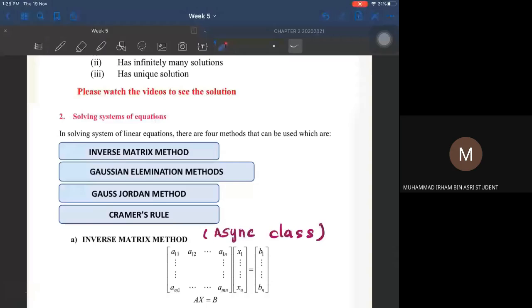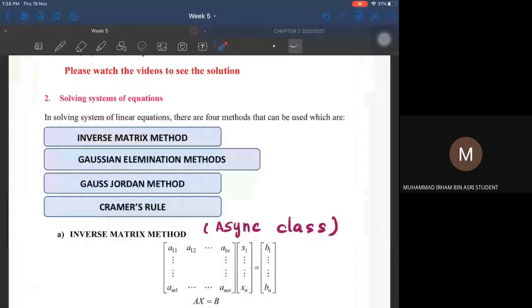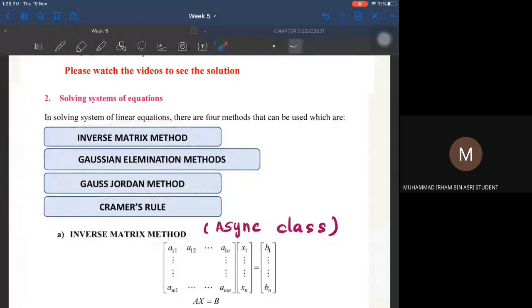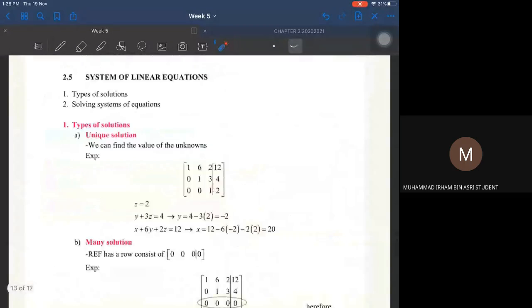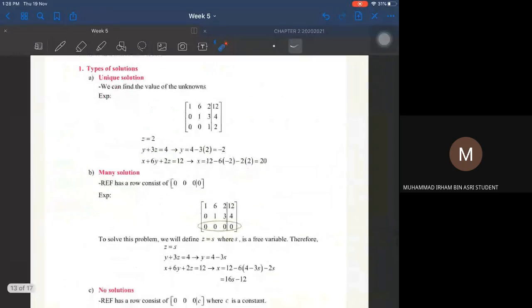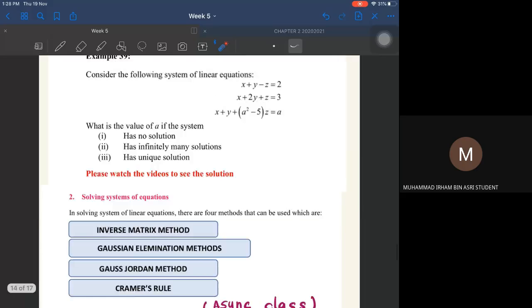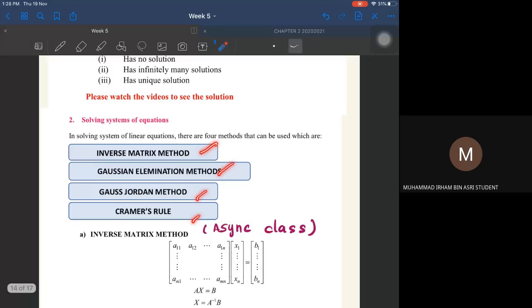Okay. Ada 4 method untuk solve system of equation. Okay. And bila you solve system of equation ni, you akan dapat 3 jenis solution. Sama ada unique solution, many solution or no solution. So bila you solve menggunakan 4 method ni, you akan dapat sama ada unique solution, no solution or many solution.